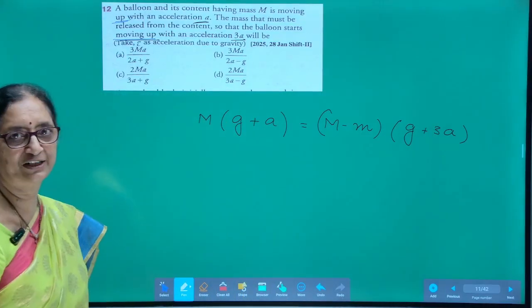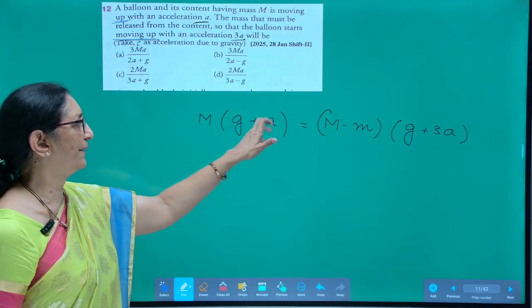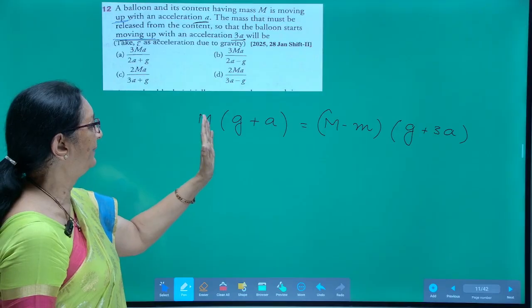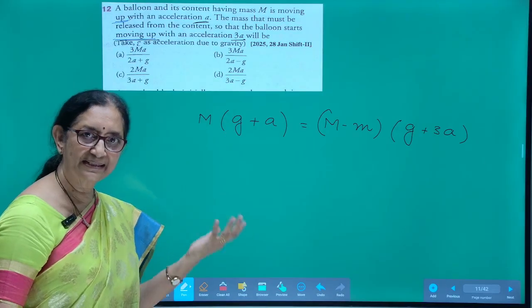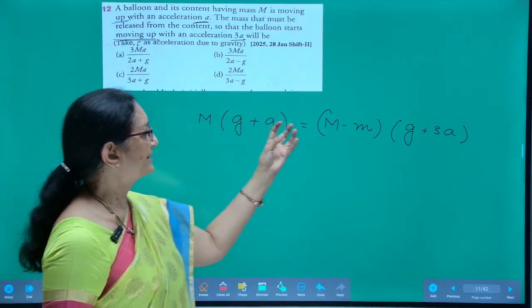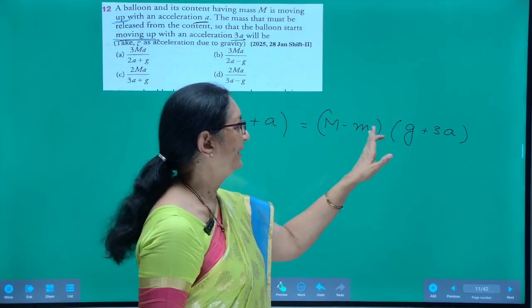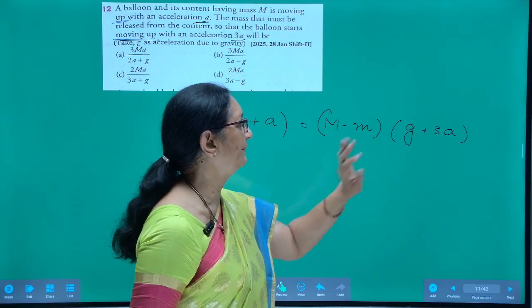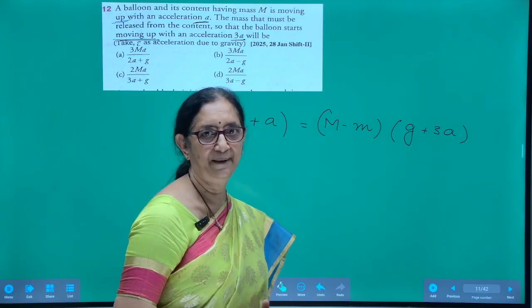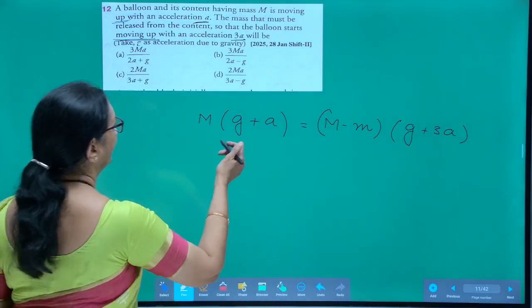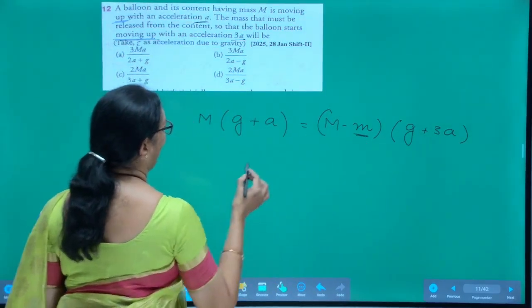When some of its mass is removed, its apparent weight is (m − Δm)(g + 3a). Right? So, here you are supposed to find this Δm.